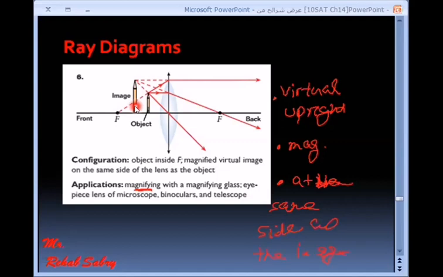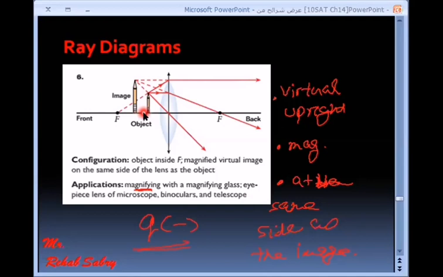Is this the normal position of the image? No. So here, Q, the distance of the image, will be negative, because it's with the object.